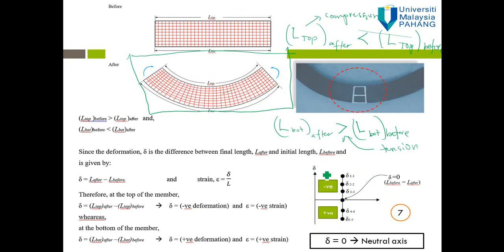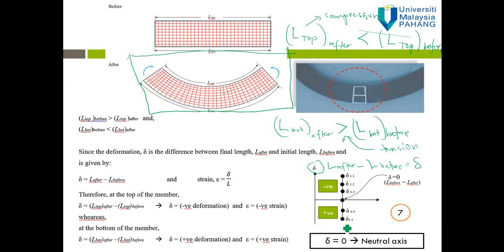The deformation is equal to L after minus L before deformation. So the deformation is negative at the top surface and the deformation is positive at the bottom surface.